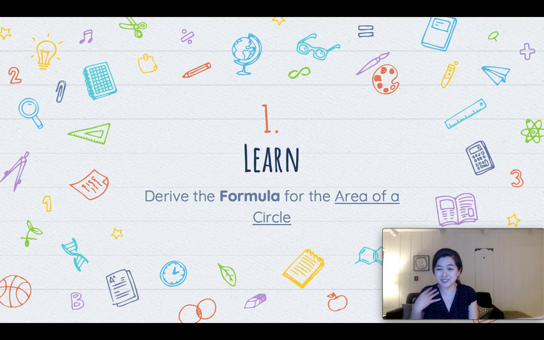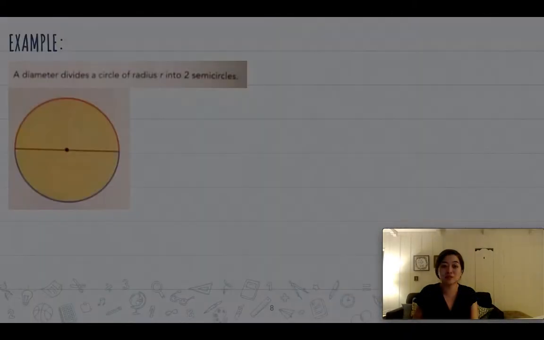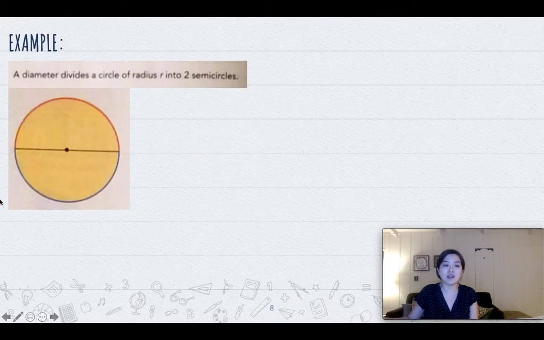I thought this was really cool, and I hope you think so too. So let's look at this example. Now, let's say we have a circle and we're going to divide it into 2 semicircles, like so. And from the center to the edge here, that's the radius, okay? And from the center here to the edge there, that's the radius. All right, okay.